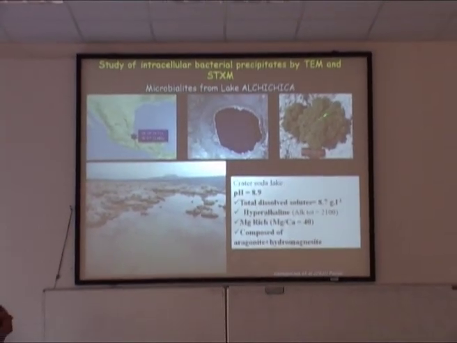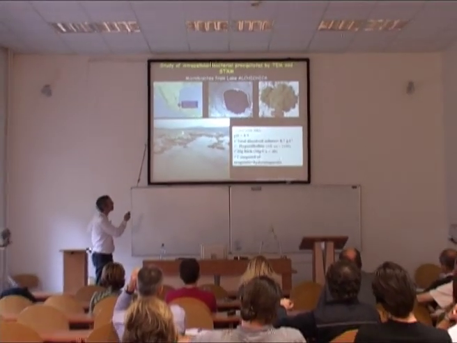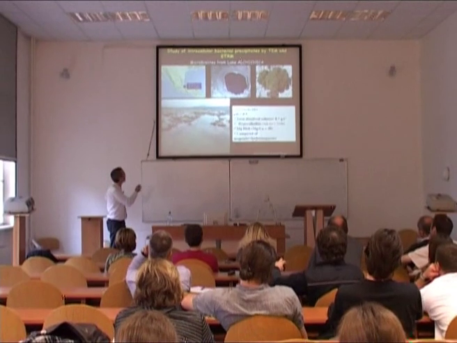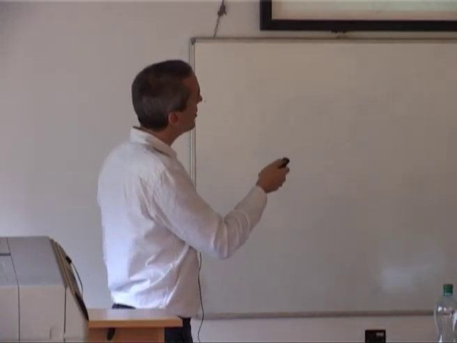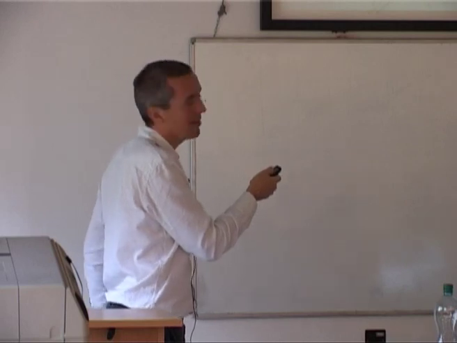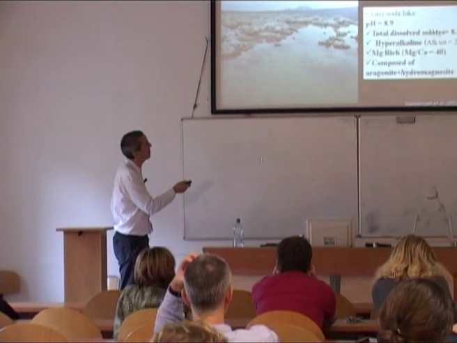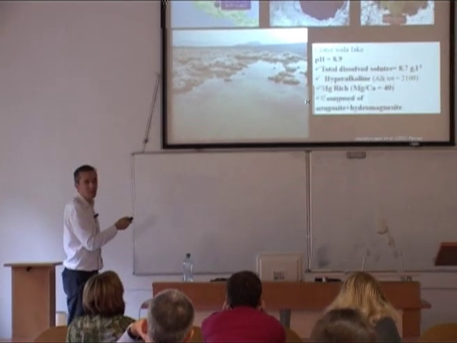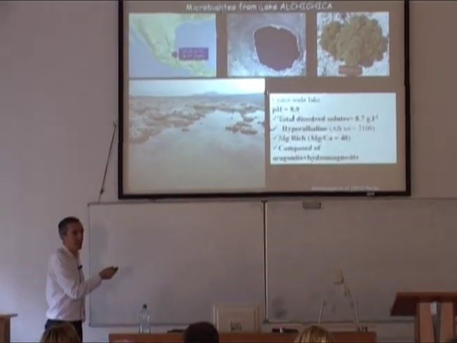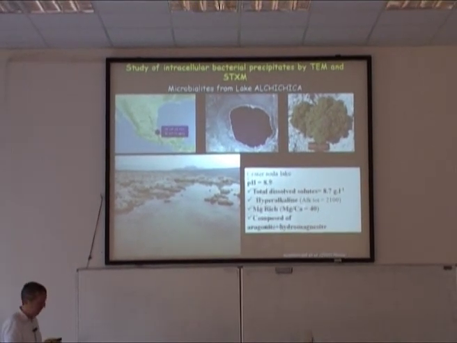But when they die, the green is removed, the microbes fade away, and it looks white, like this. So all those carbonates we think are formed in association with microbes. We don't know how, but this crater lake is pH 9, high magnesium. So the magnesium over calcium is 40, which is huge. And basically the mineralogy of these things is aragonite, so the calcium carbonate, plus a hydrated magnesium carbonate, hydromagnesite. So those things are a mixture of these carbonates.